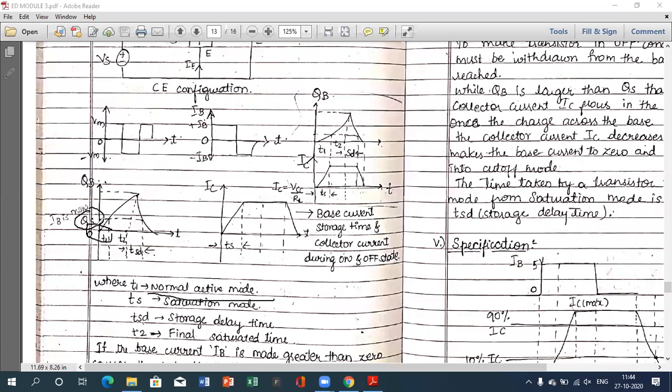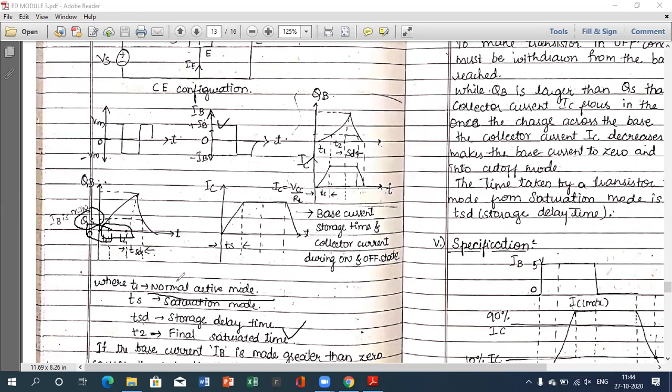Again, when the base current increases from 0 to a particular value, which we call IB, the maximum value, the time when the base current goes from T1 to T2 is shown here. When the base current increases from T1 to T2, we call it the final saturated time.